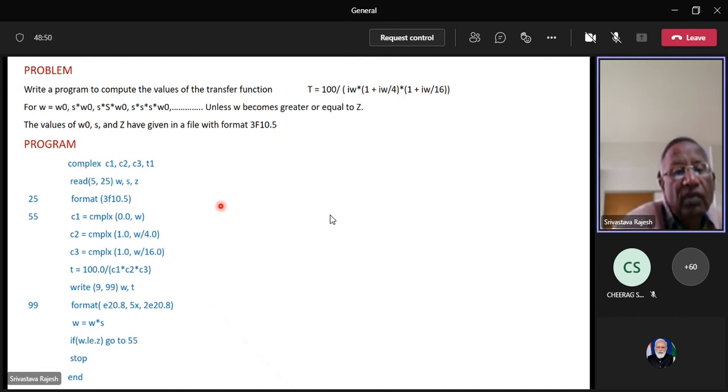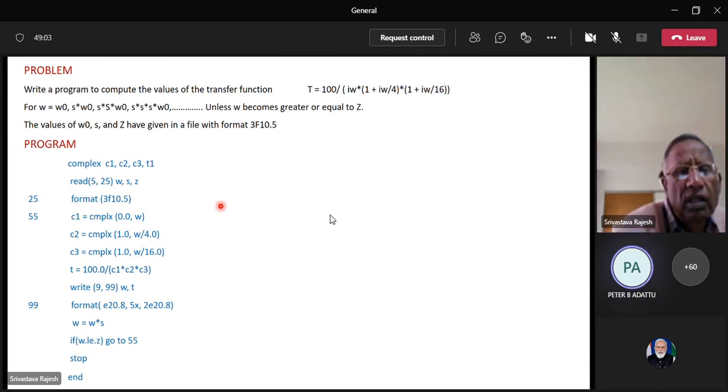Excuse me, sir. Sir, can you tell what this 9 indicates? Right, 9, 99. So what does the first 9 indicate? The first 9, as I told you, is because a file is required to be opened, and that is the unit. Unit is equal to 9.